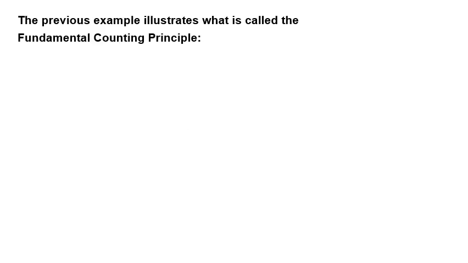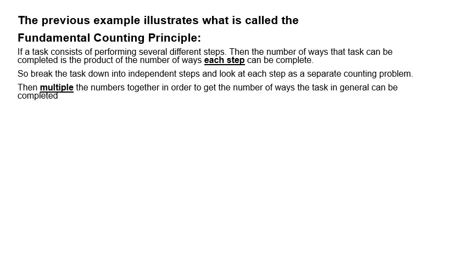The previous example illustrates what is called the fundamental counting principle. If a task consists of performing several different steps, then the number of ways that task can be completed is the product of the number of ways each step can be completed.